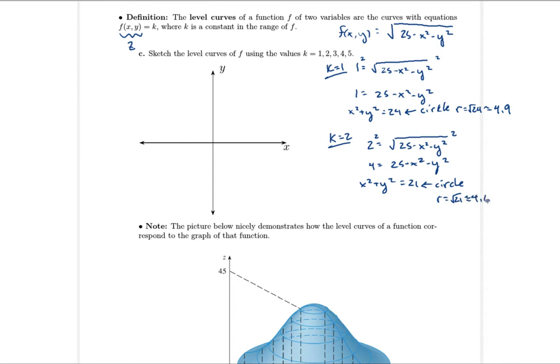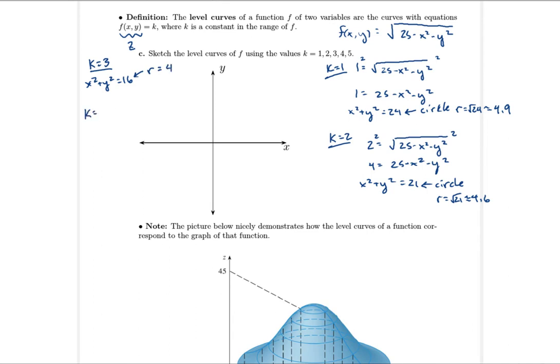And so you can imagine that we continue this process and the detailed work doesn't really change, so I'm going to skip some of those steps. If k equals 3, what we end up with is x squared plus y squared equals 16. So that is a circle with radius 4.